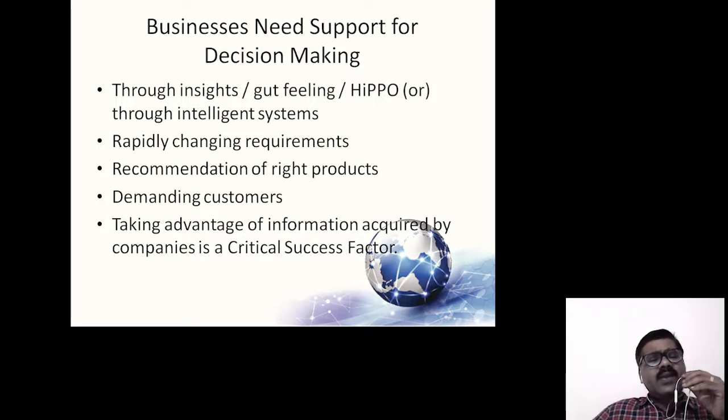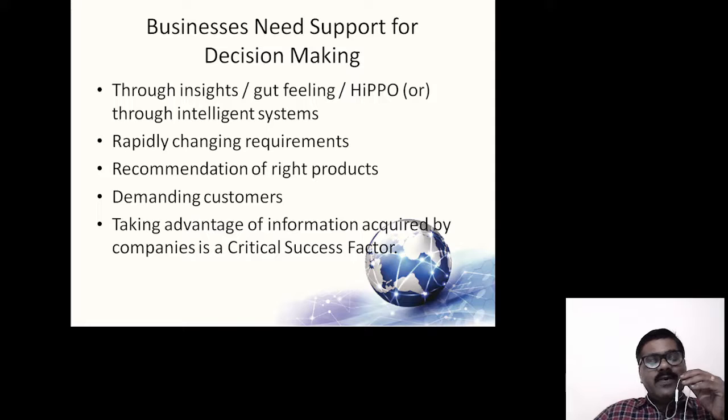So you imagine the perfection which the systems can give, rather than following insights, gut feeling, or the hippo system. And the second one is that the requirement of this world is currently changing at a drastic speed. Today you are likely to get X brand of mobile, and tomorrow it gets outdated, and you are going behind the Y model of the mobile.